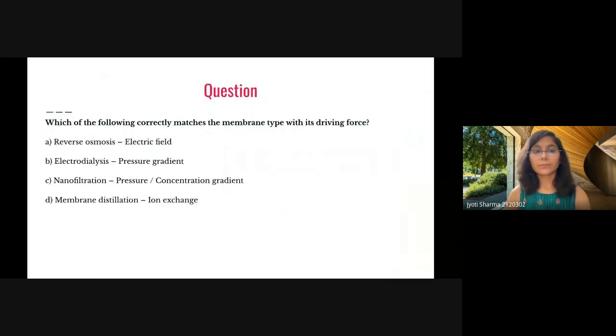Okay, so the question is, which of the following correctly matches the membrane type with its driving force? Reverse osmosis, electric field; electrodialysis, pressure gradient; nanofiltration, pressure concentration gradient; membrane distillation, ion exchange.